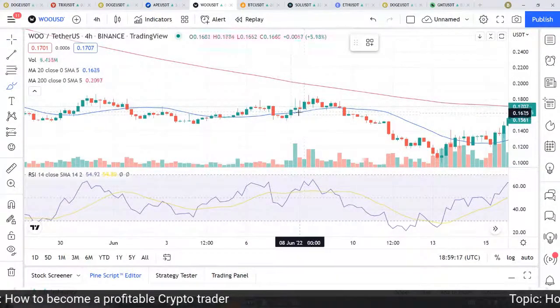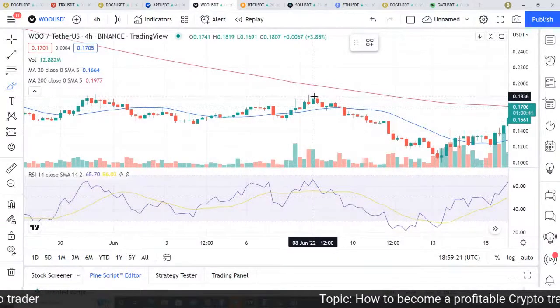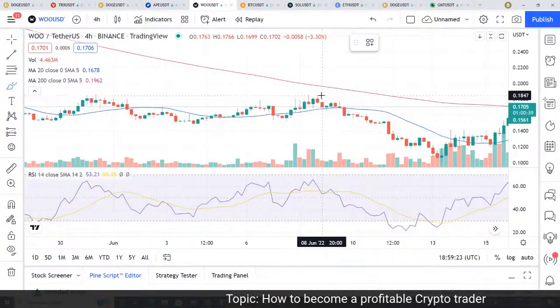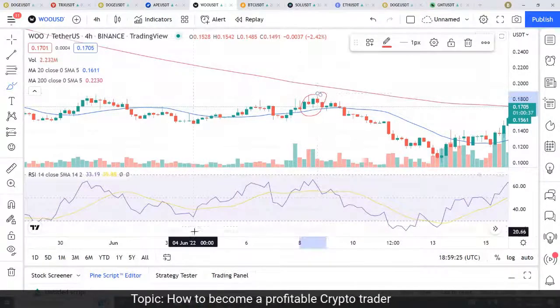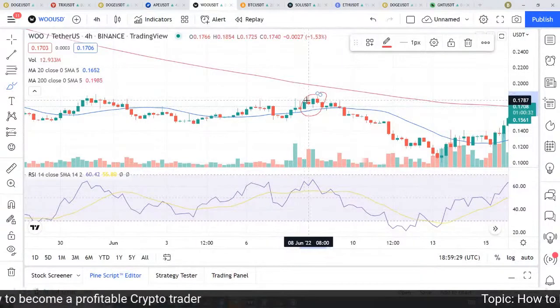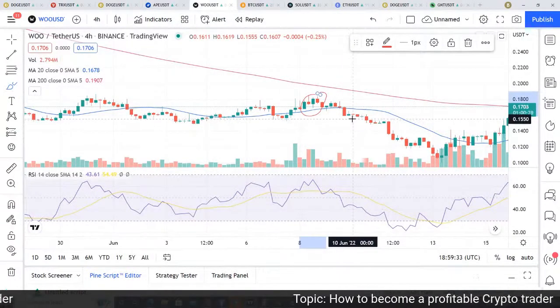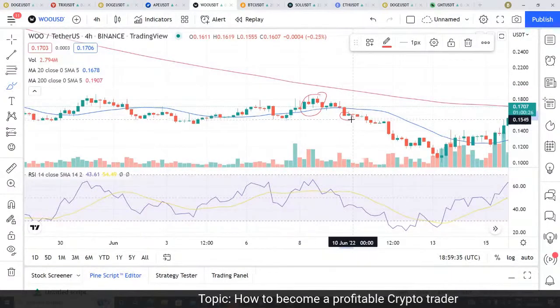Now, let's say you bought Wo coin around this place. Now, instead of Wo pumping, because you were expecting it to go up, Wo is now dropping. Wo now dropped to here.